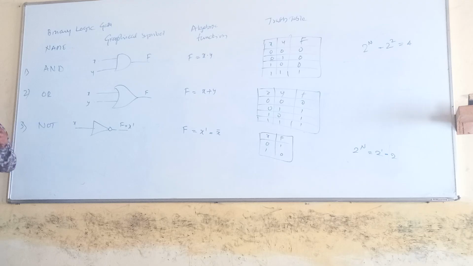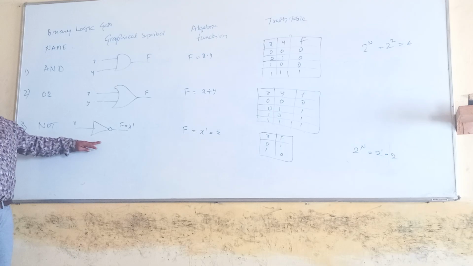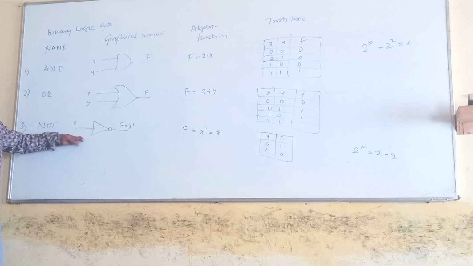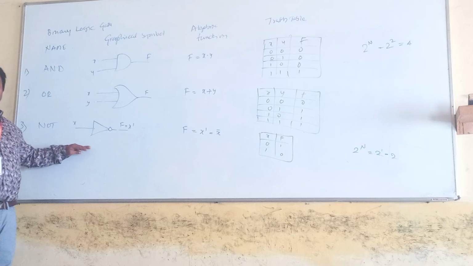I will ask questions related to this subject because we have the integrated lab. But remember, the NOT gate has only one input. Other gates have more than one input. Only the NOT gate has one input.